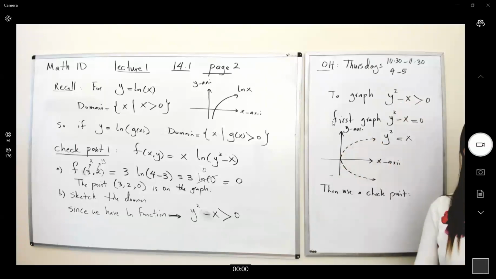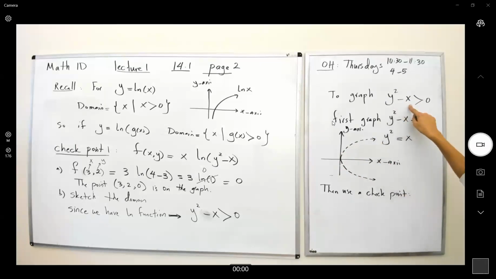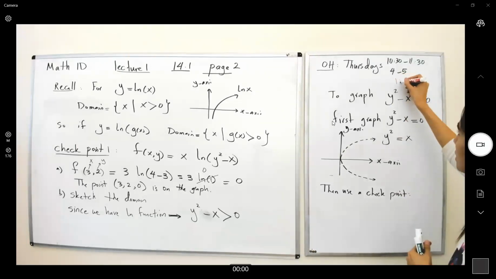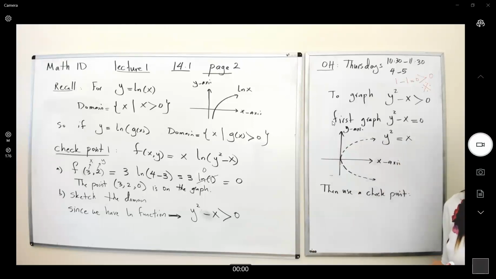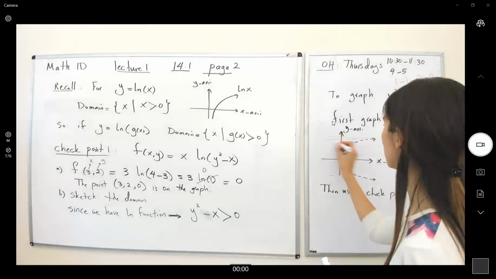Now let us use a checkpoint, like 1 and 1. If I use 1 and 1, 1 minus 1 is 0, but 0 is not greater than 0. It means that the right-hand side doesn't belong to this inequality. It is the left-hand side.